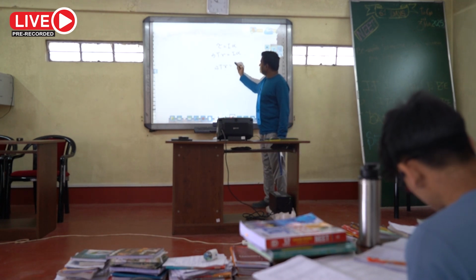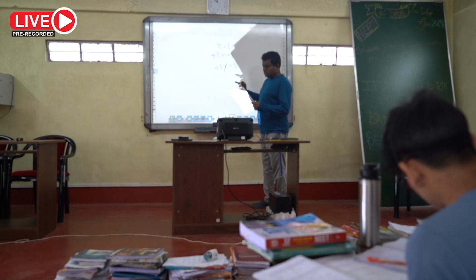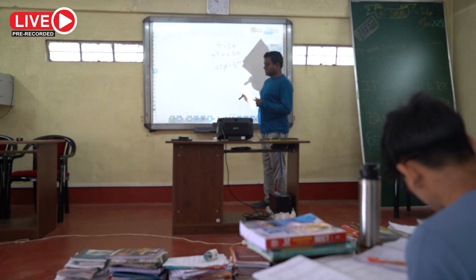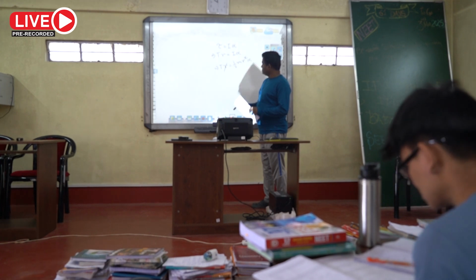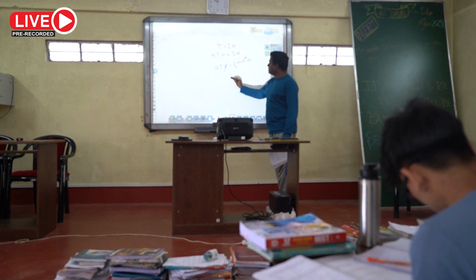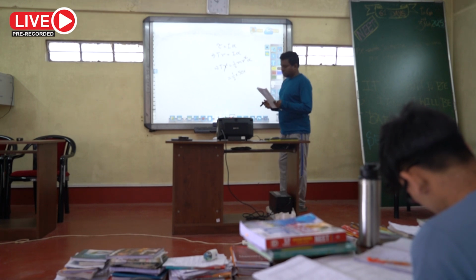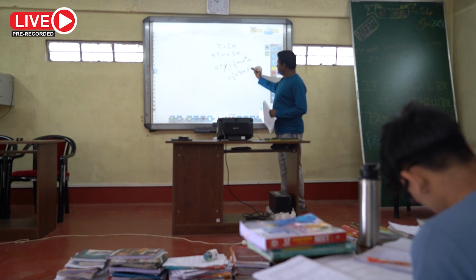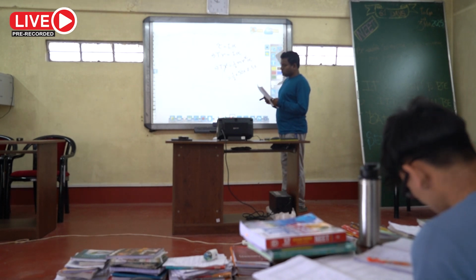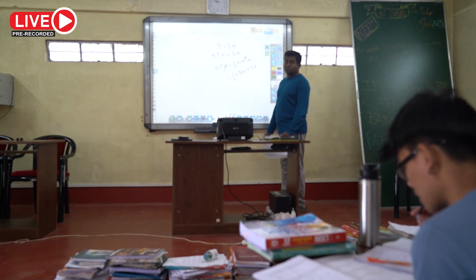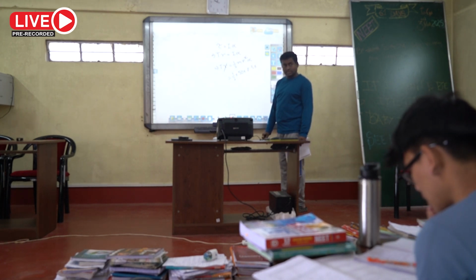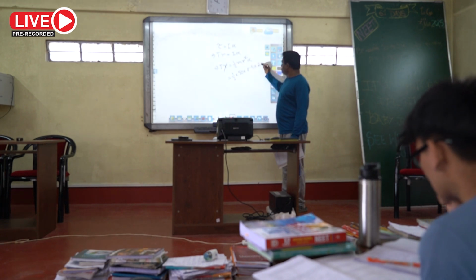T into R equal to half mr square alpha. Then you have to calculate the tension. So this one you have to calculate. Half, mass is given 50 kg, R is given 0.5, and alpha is given 2 revolutions per second square. So you have to convert it to radians per second square. So 2 into 2 pi.